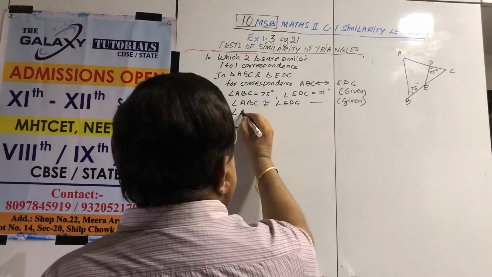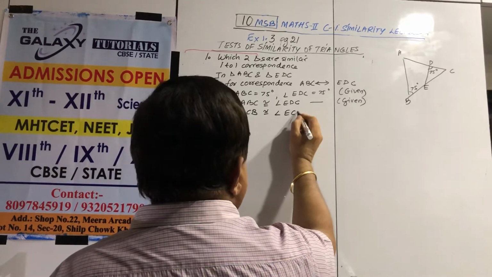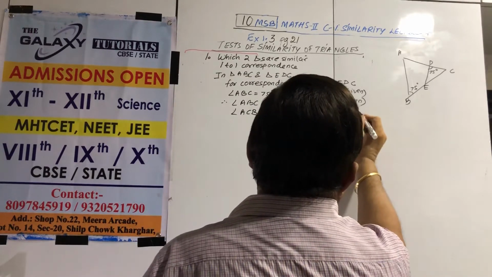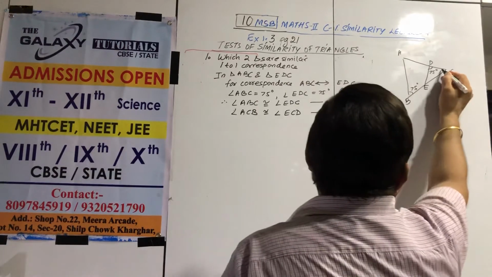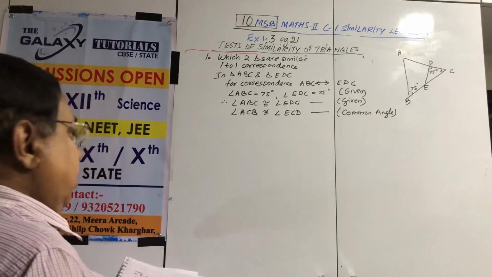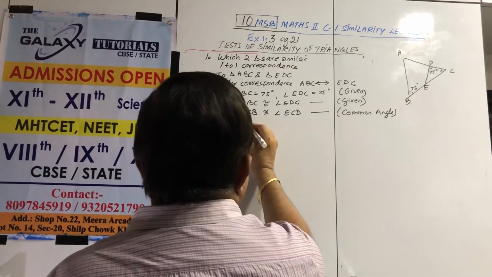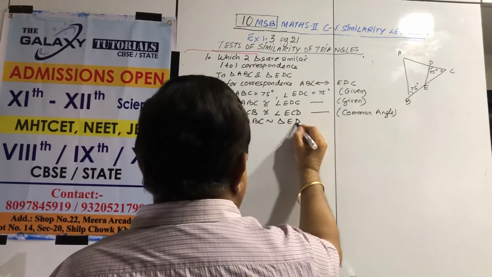Angle ACB is congruent to angle ECD. Common angle. This is common to both the triangles. Therefore, triangle ABC is similar to triangle EDC.